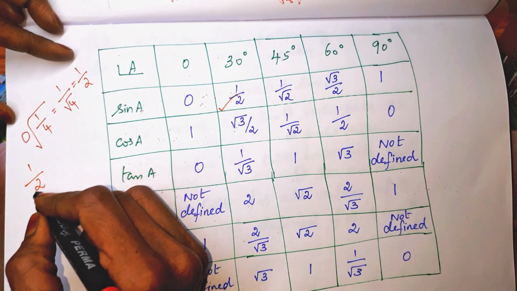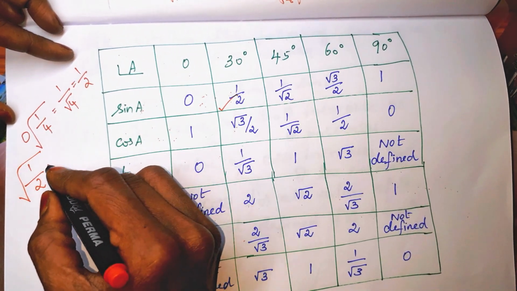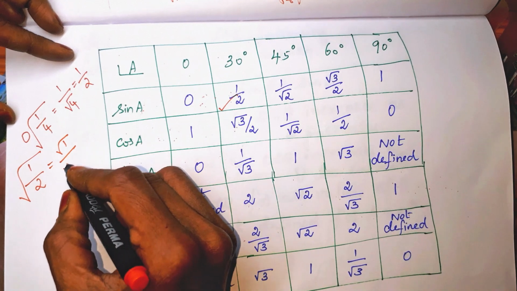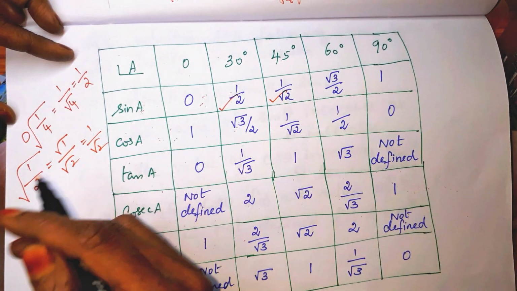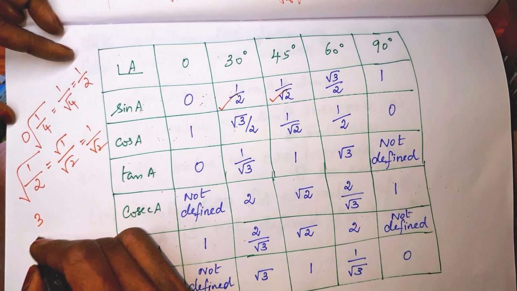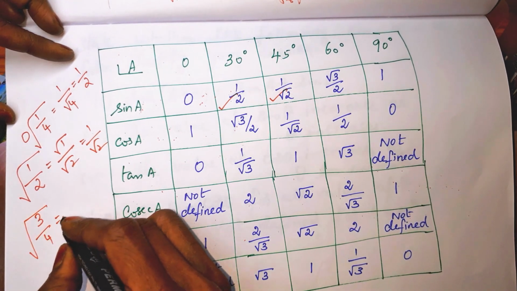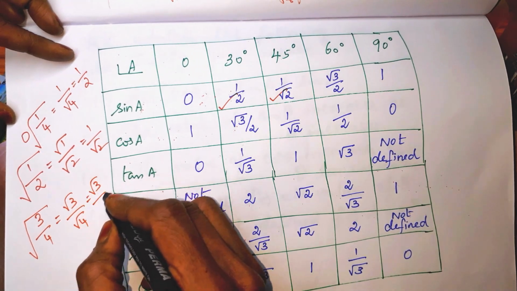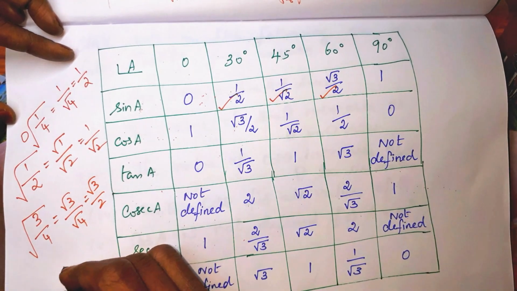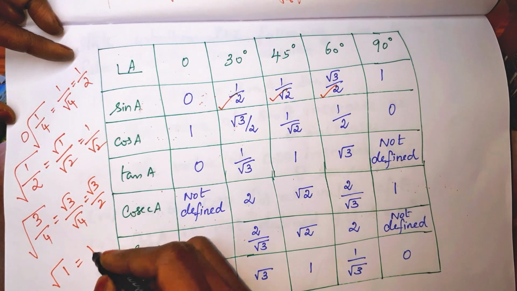So 1 by 2, we take the square root of it: root 1 by root 2, which is 1 by root 2. Then 3 by 4, square root of 3 by 4, so root 3 by root 4, which is root 3 by 2. Finally 1, square root of 1, that is 1.